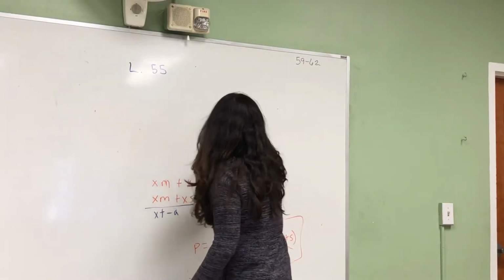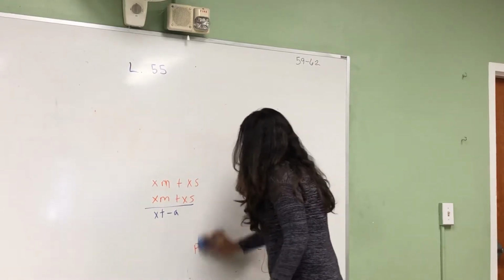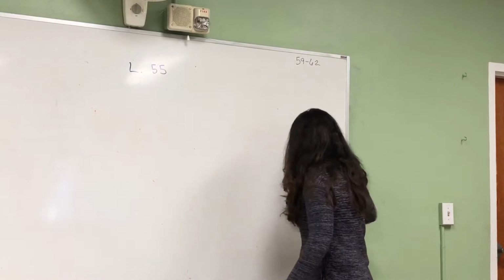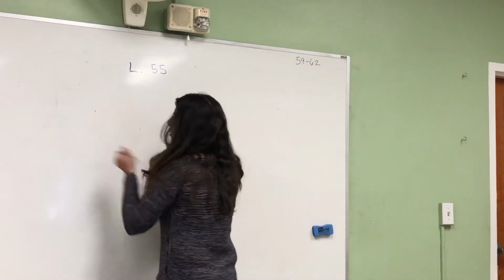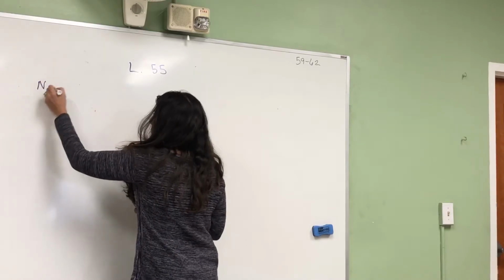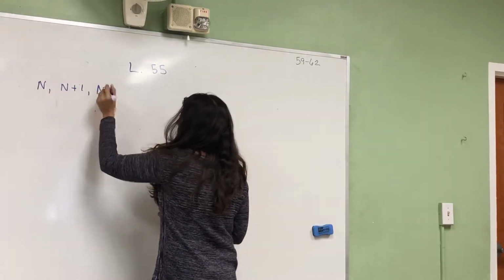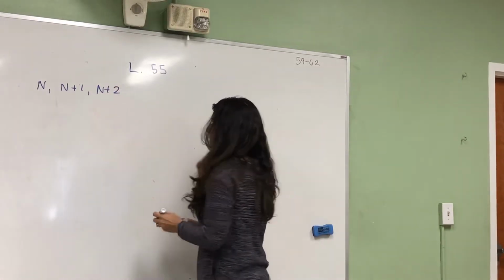Isn't that part of everything, part of life, defining your terms? Yes, absolutely. So 3 consecutive integers, we're going to write them over here. Our first one is n, then we have n plus 1, then we have n plus 2.